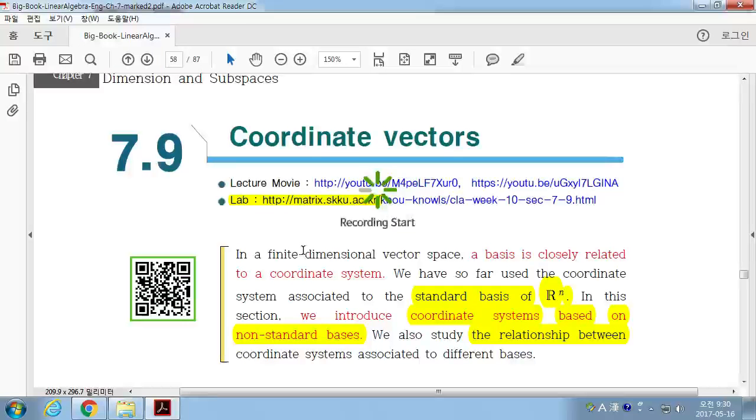To start, section 7.9, coordinate vectors.